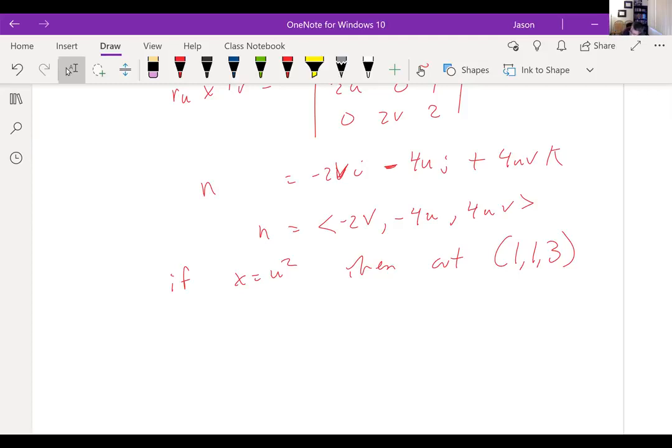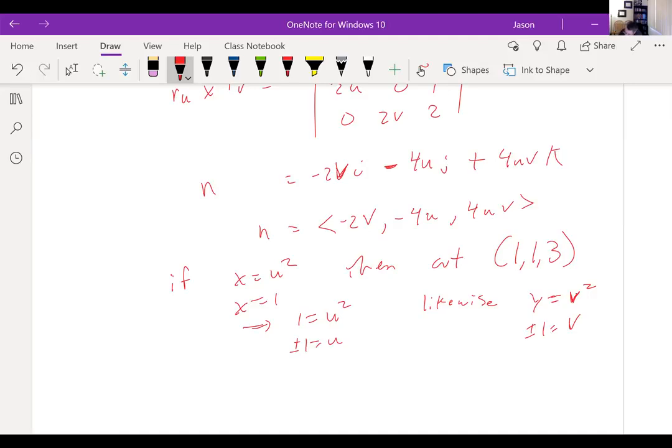Well, at (1, 1, 3), x equals 1. So this implies that 1 is equal to u squared, which implies that u is plus or minus 1. Likewise, if y is equal to v squared, then plus or minus 1 is equal to v, by the same logic.